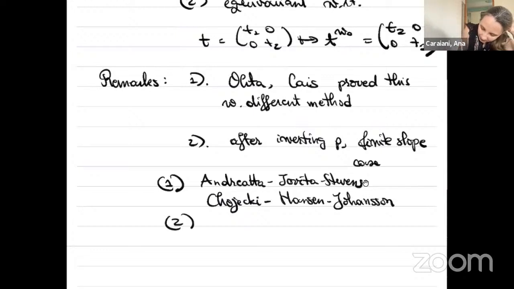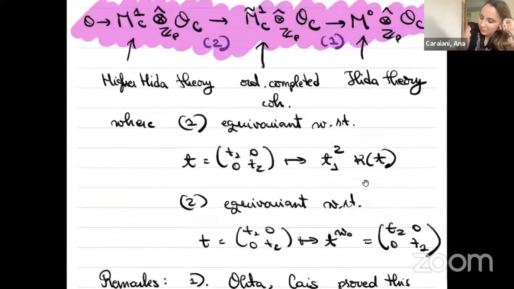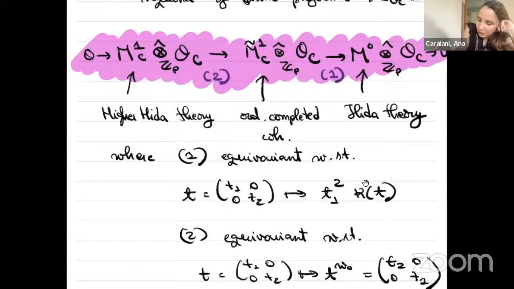And the second one is a more recent result, I think, maybe early this year, of Juan Esteban Rodriguez Camargo. So 2 is the map from higher Hida theory, or if you invert p, really higher Coleman theory, to, he does, I guess, modular symbols, which is sort of equivalent to what you would see from completed cohomology.